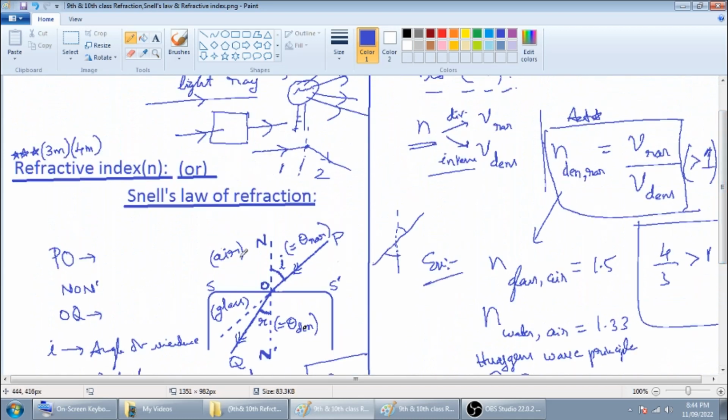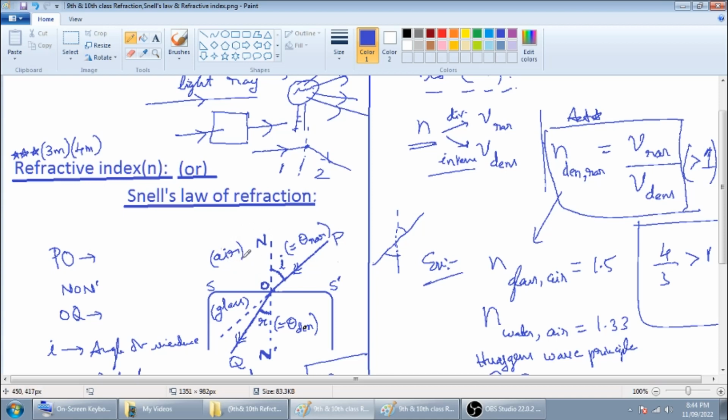Already I said before, 3 × 10⁸ meters per second is the value of the velocity of light in vacuum. In air its value will be slightly less, so it's not exactly 3, it's 2.999 like that, because air is slightly denser compared to vacuum. Vacuum density is 0 because there is no mass in vacuum at all. So air has slightly more density, so velocity slightly decreases.